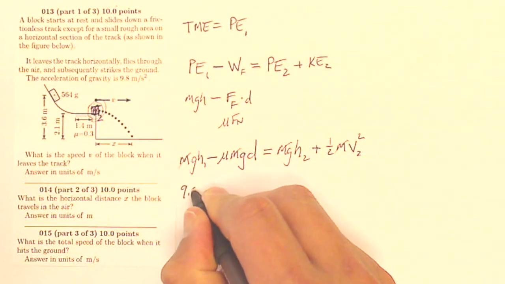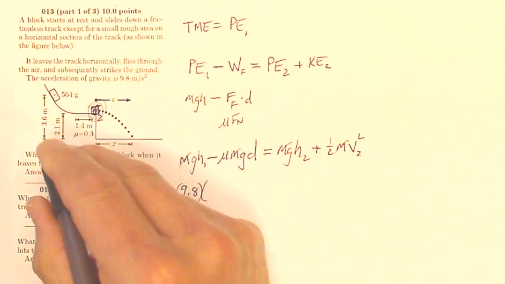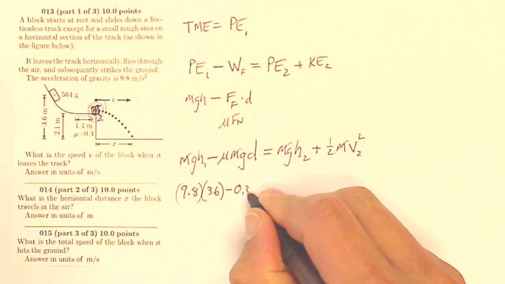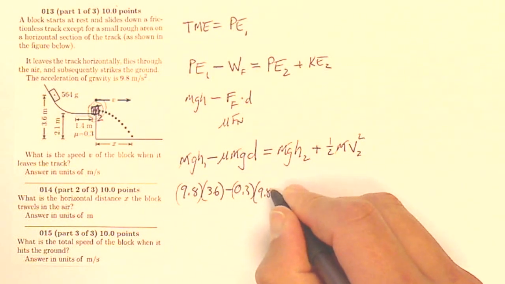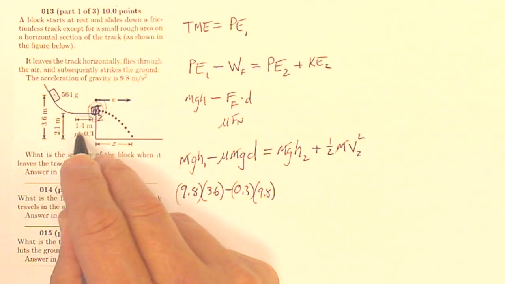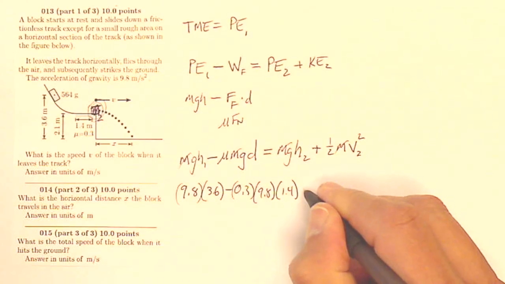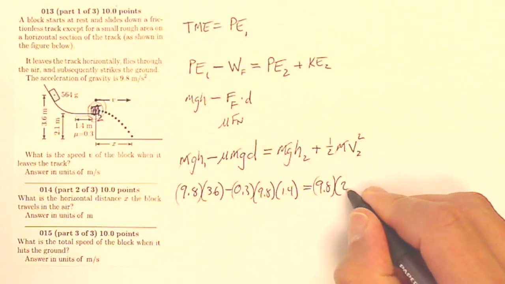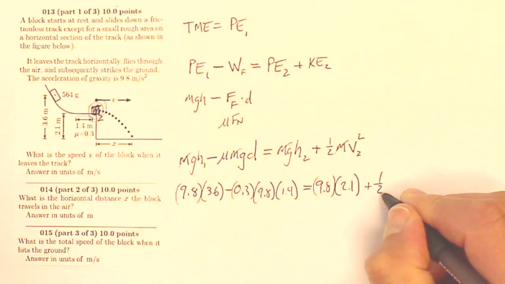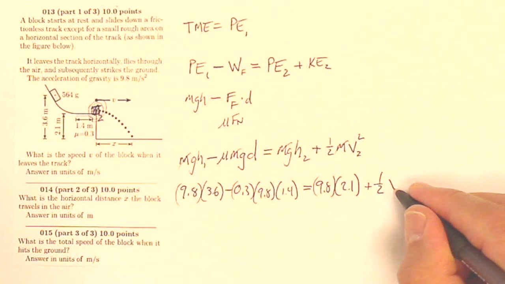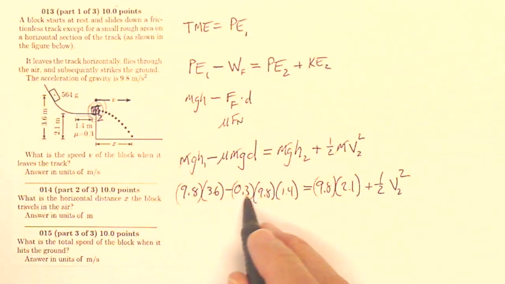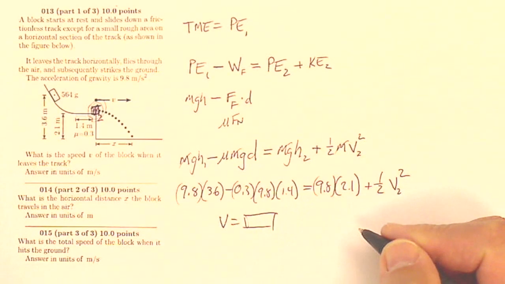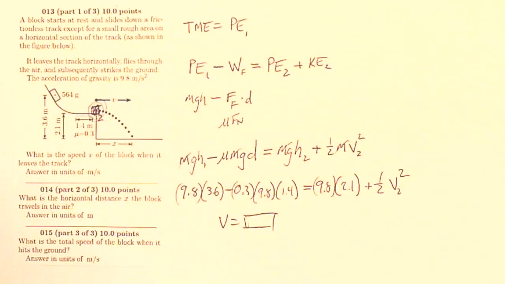So I've got 9.8 times my initial height of 3.6, minus mu, which is 0.3, times g, 9.8, times d, which is my 1.4 meters, equals g, 9.8, times my height 2, which is 2.1 meters, plus 1/2 of my velocity squared. Solve for v, and that'll give me the answer to my first question.